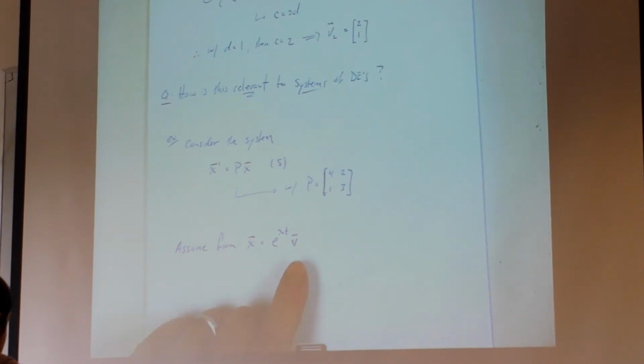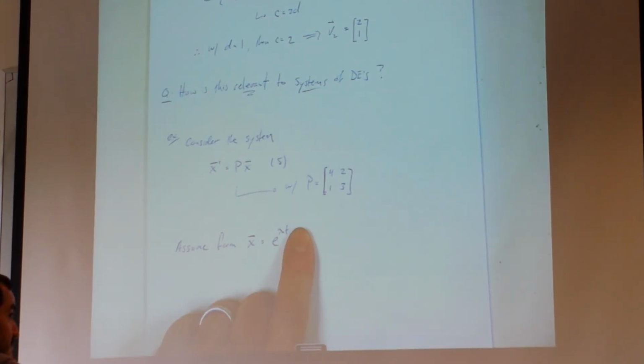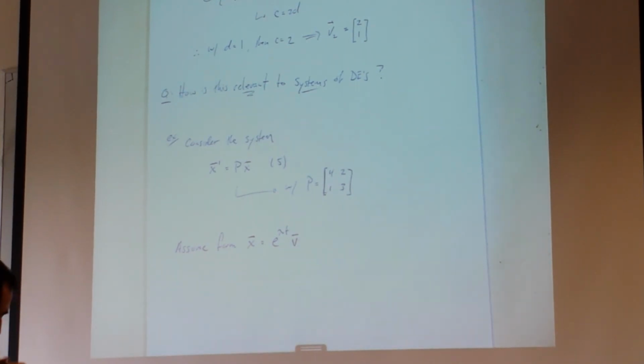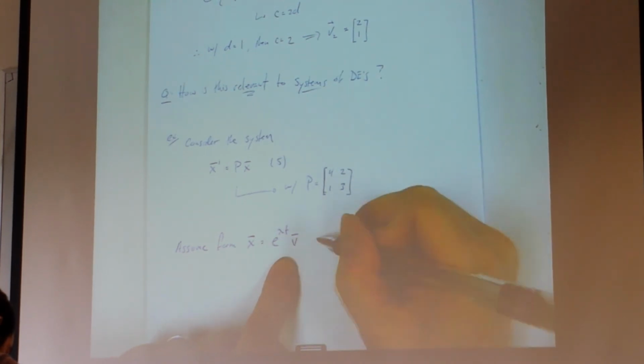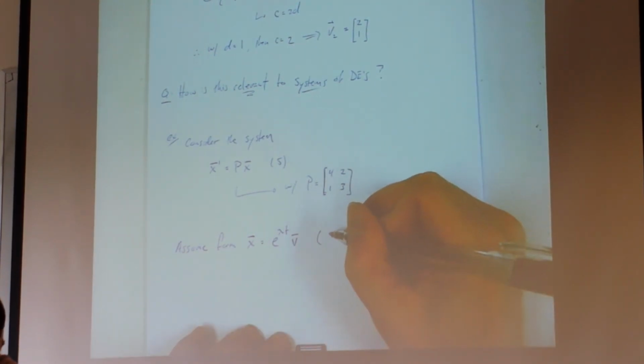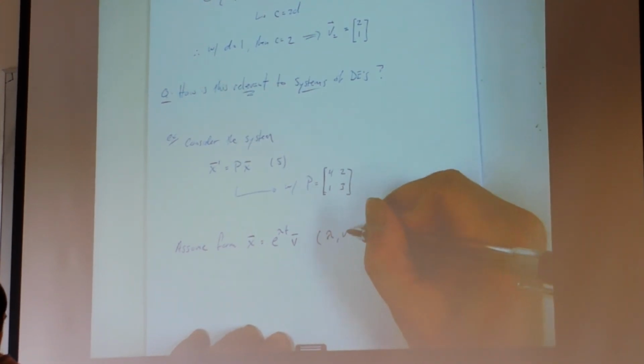Okay, so this is a similar form. e to the lambda t would be just a single real value. This fills it out because that's a vector quantity, and I'd have one for each component. And so this is again a vector function if I multiply e to the lambda t in each component. So what we want to do is find the values of lambda and v.